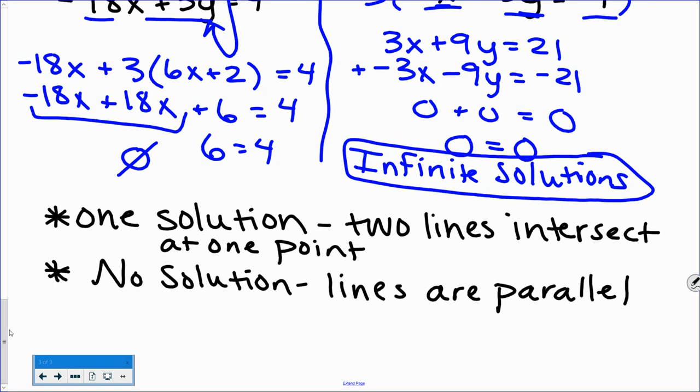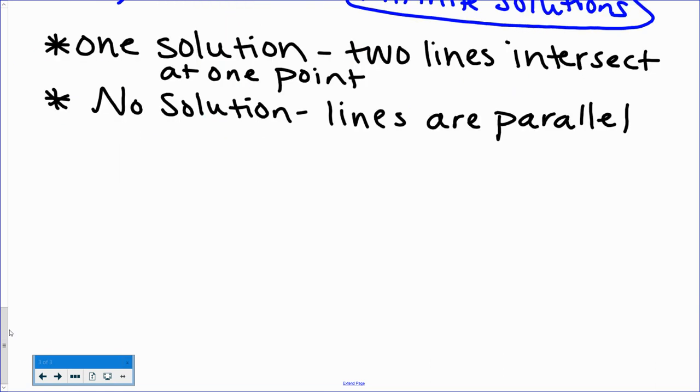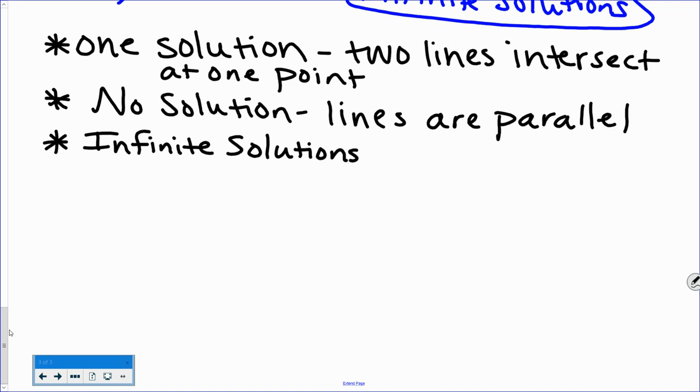And then the last option that we just saw, the infinite solutions case. That would mean the two lines that you are given are the same. So the lines are the same.